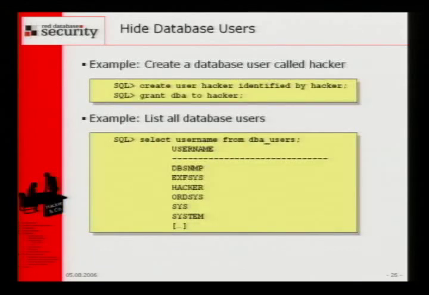Okay. If you create a user, create user hacker identified by hacker, grant DBA to hacker. A clever hacker would never use such an obvious username. He would use something more similar to an Oracle account, like mtsys, which sounds like an Oracle account. And then if you are submitting the select username from DBA_USERS, we see here the username hacker.